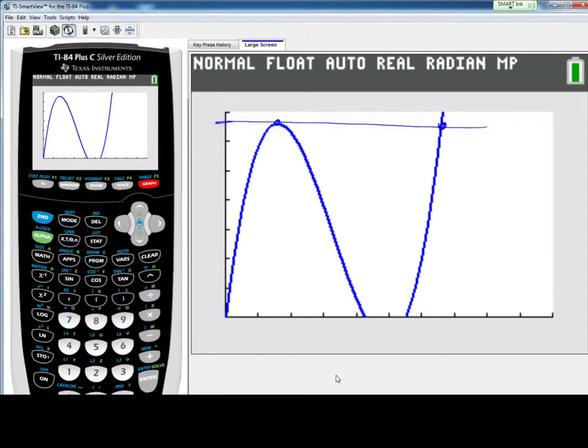I don't know why it's doing this, but for some reason my graph has a picture of it.